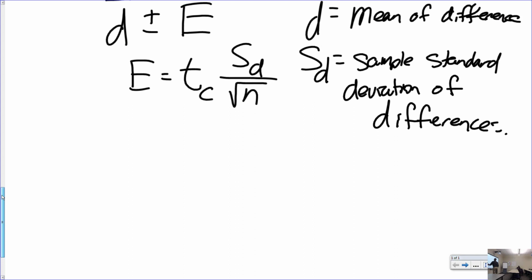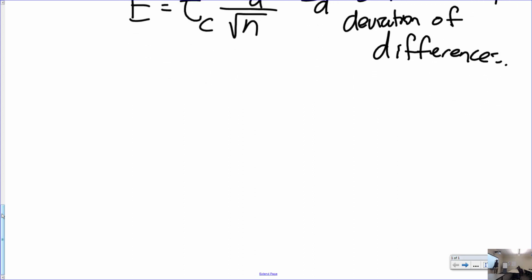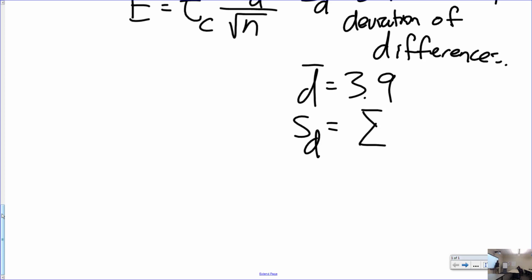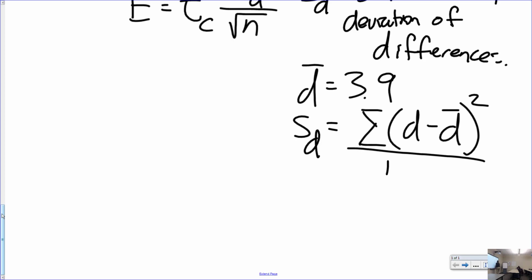Let's just round to the tenths for D bar. D bar for our data is 3.9. Now, technically, how would you calculate the standard deviation? You would do the sum of D minus D bar squared all over n minus 1, and then take the square root of it, right? The old chapter 3 technique.